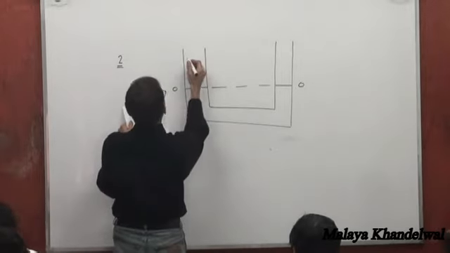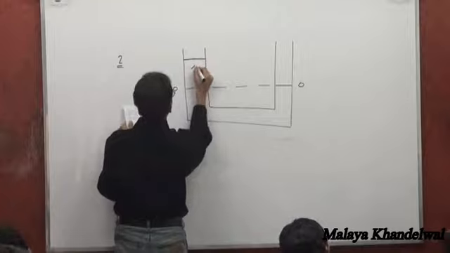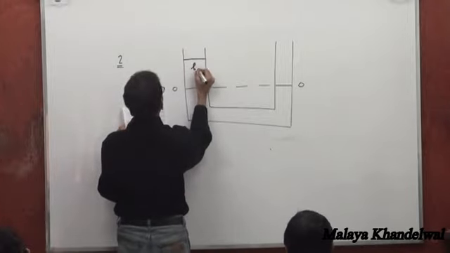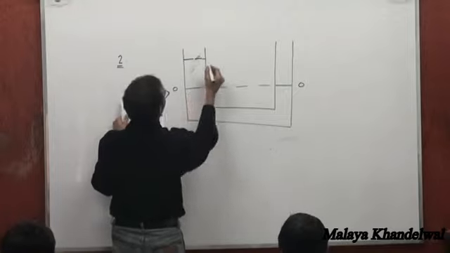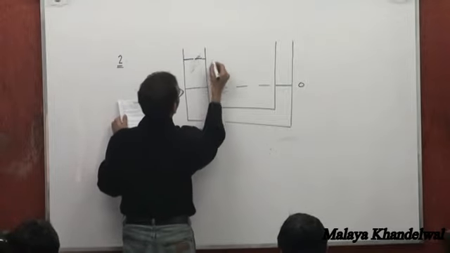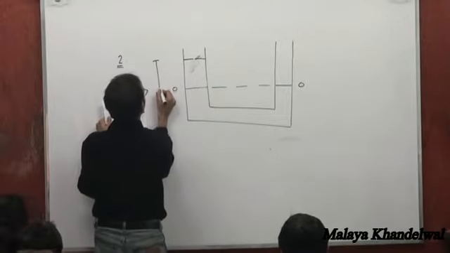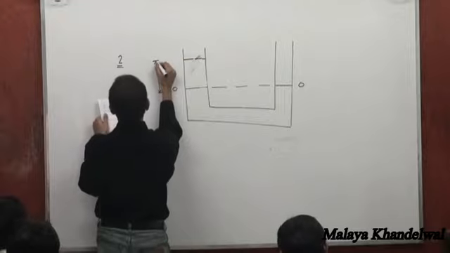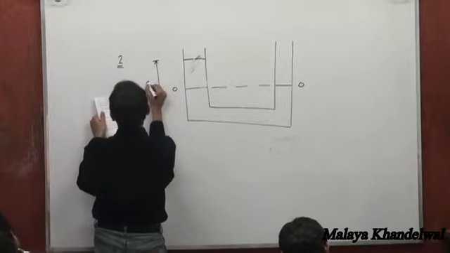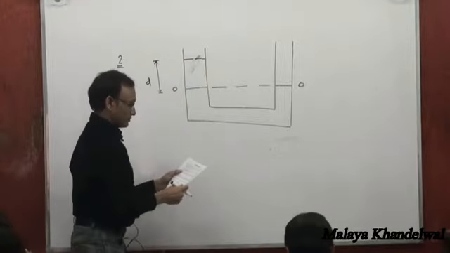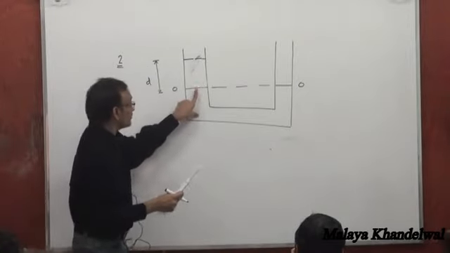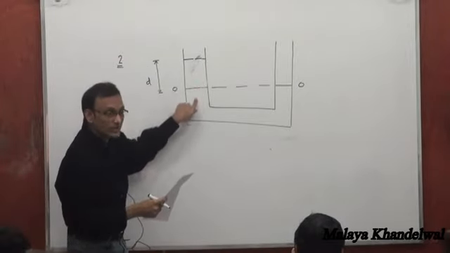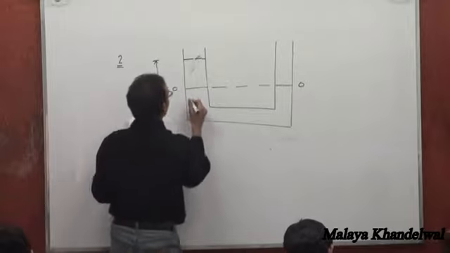So when you pour the liquid, it will stand at a height d above the original water level, but this level will dip down.